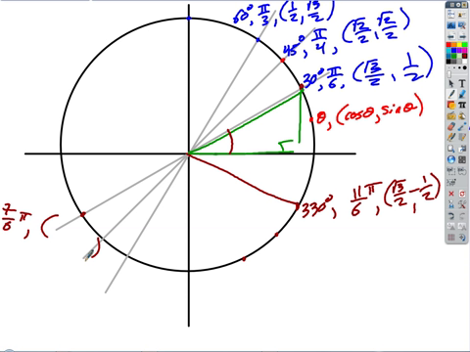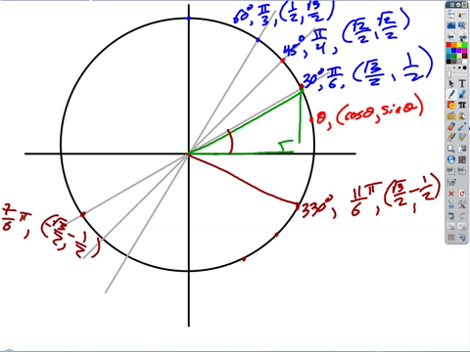So that would be negative root 3 over 2, negative 1/2. And so you can always just draw one of those things and don't have to fill the whole thing in. Just fill in the first quadrant and then fill in the parts that you need. Does that make sense? Okay, does that help?